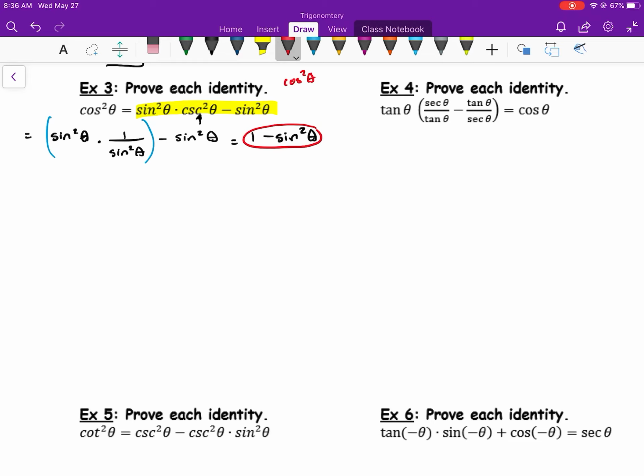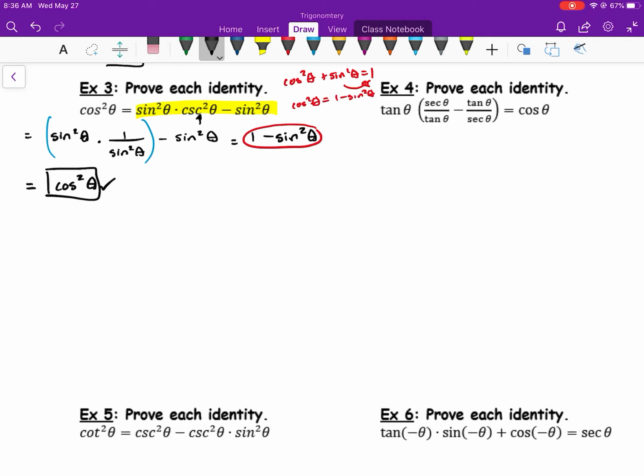I've been writing cosine first. So cosine squared of theta plus sine squared of theta equals 1. If I move the sine over, I get cosine squared theta equals 1 minus sine squared theta. So this equals cosine squared of theta, which is what we wanted. So we're done.